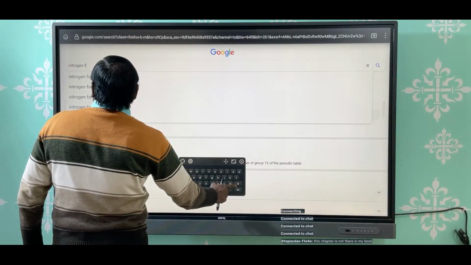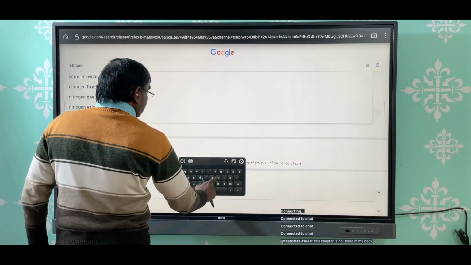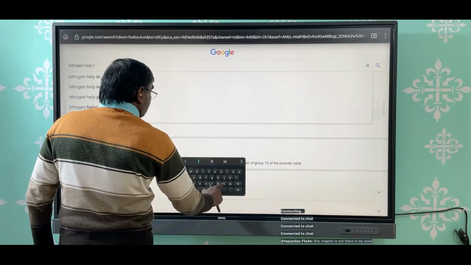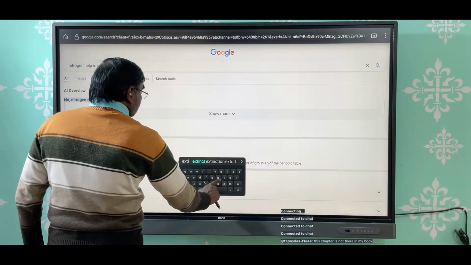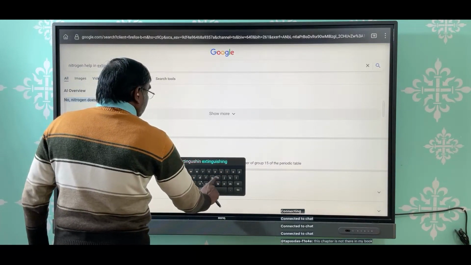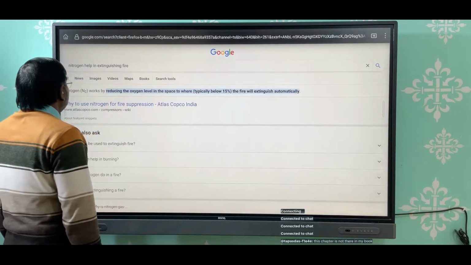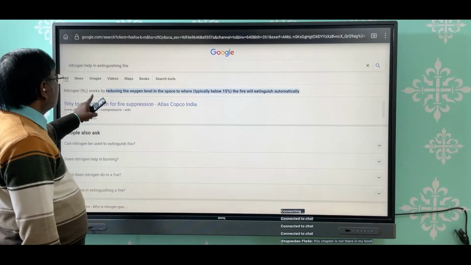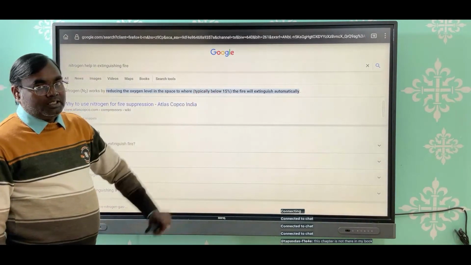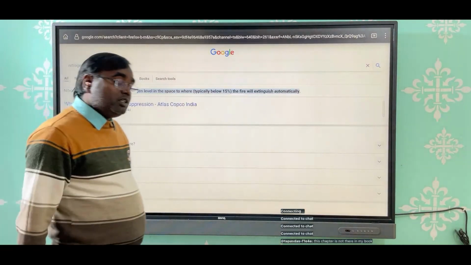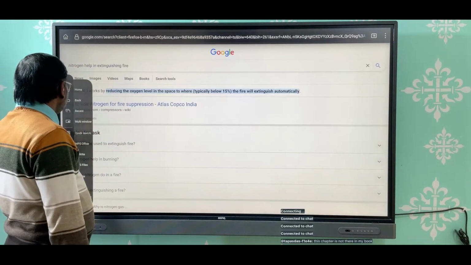Nitrogen helps in extinguishing fire. It works by reducing the oxygen level in the space to where the fire will extinguish automatically. So if you remove the nitrogen, what will happen? It will be very difficult to extinguish the fire.